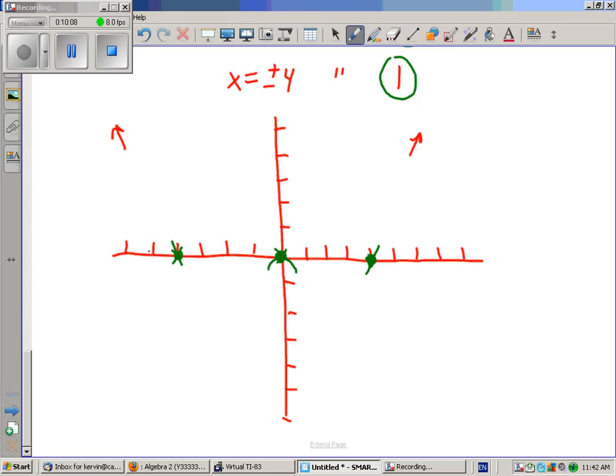So I'm going to use some easy numbers here. I'm going to use negative 5. I'm going to use negative 1. I'll use 1, and I'll use 5. I recommend that you use small numbers. They're easy to calculate. I also recommend that you plug them into the factored form of the equation.